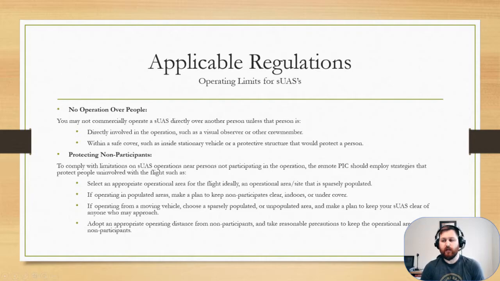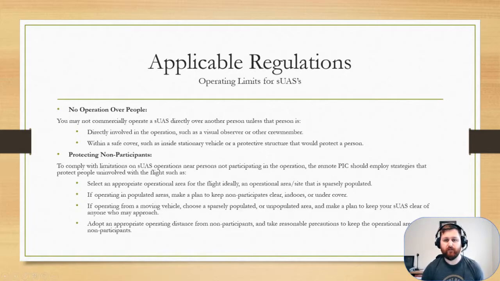Other things that are very important: you can't operate over people at all. You may not commercially operate an sUAS directly over any person unless that person is directly out of harm's way in the event the sUAS falls or has some issue.